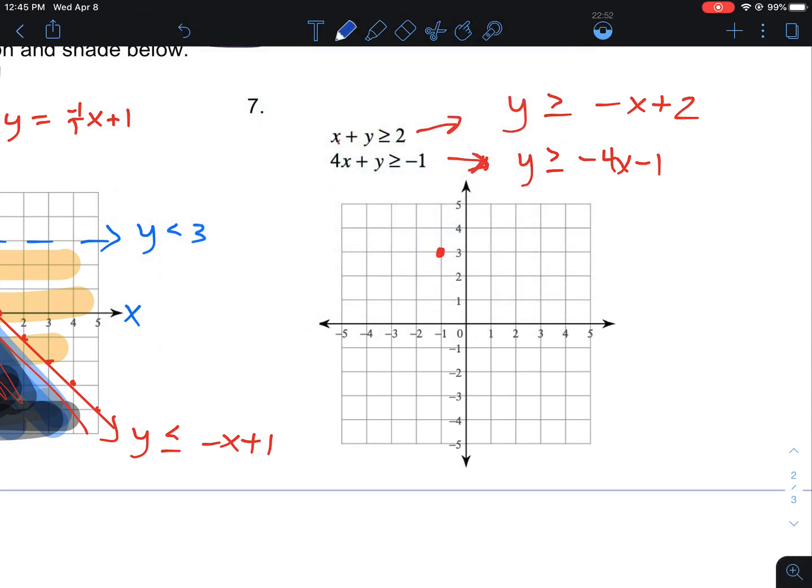And again, to draw this accurately, you don't need Desmos for that. You could just draw the line negative x plus 2, which would start up 2 and have a slope of negative 1. So that's similar to the previous question. All right, and this is going to be solid. So here it is.